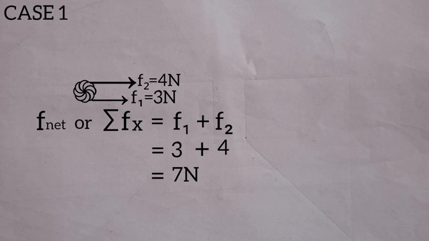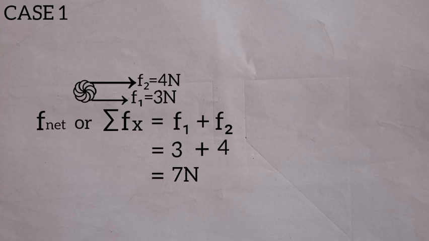Now let's talk about the force acting vertically, right? We have vertical force, and we also have horizontal force. What we did earlier is horizontal. What we are doing now is vertical. Your vertical force can either be upward or downward, while your horizontal force can either be left or right.